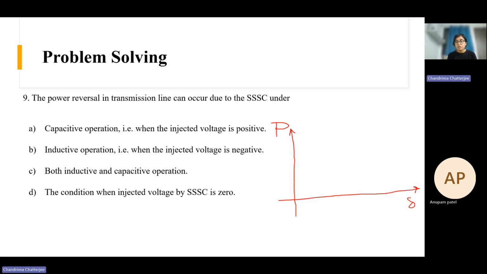We saw one of the curves like this, and another one like this, okay, another one like this. So this is something we never encountered for the other compensators, right? This phenomenon of negative power.